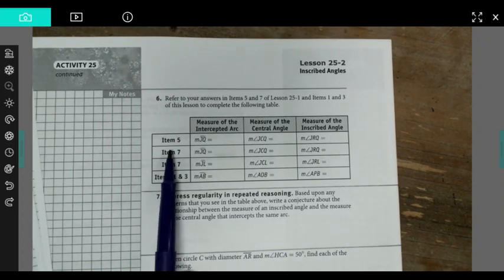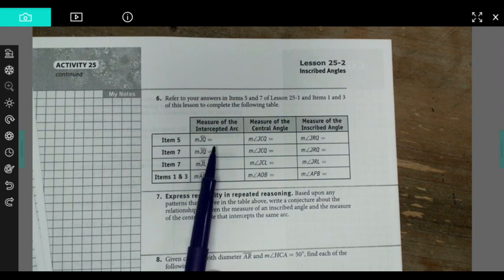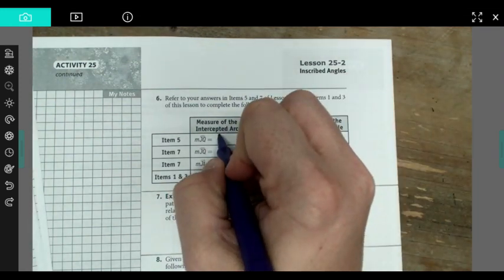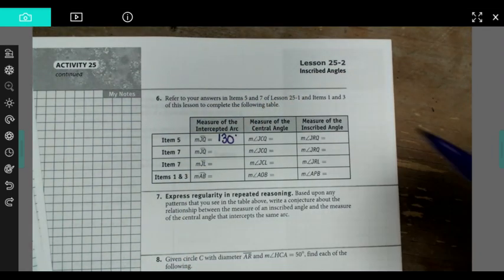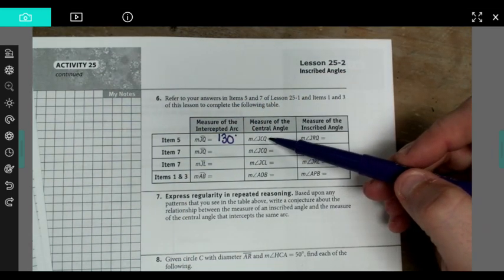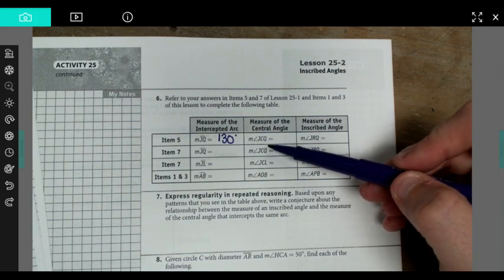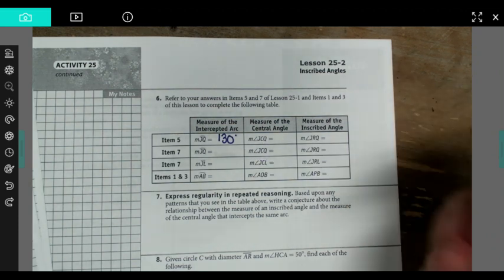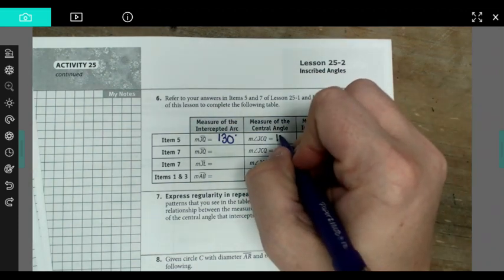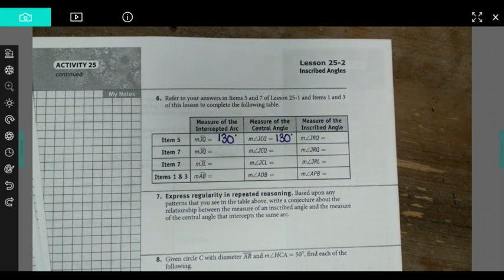It says, item 5, what was the measure of arc JQ? Well, in item 5, I said that was 130 degrees. It then asked, what was the measure of angle JCQ? JCQ, that was the central angle, so that was also 130 degrees.